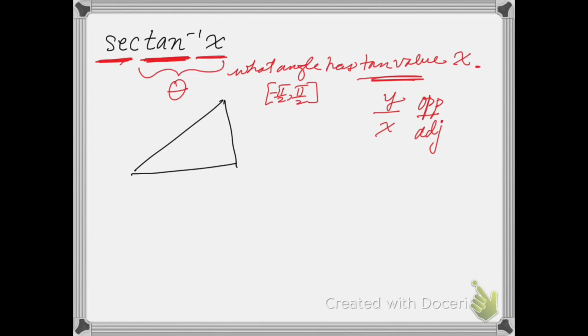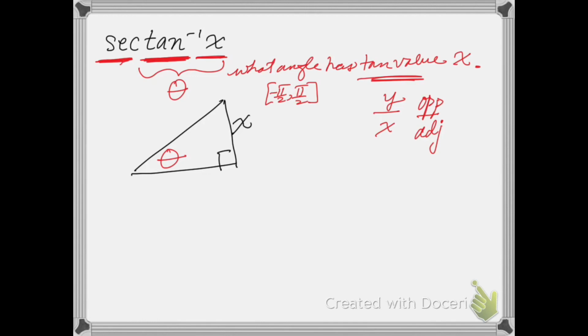So the angle is this theta that we're talking about. And if I put that theta into a right triangle, and its tangent value is x, that means its opposite over its hypotenuse is x. Well, what would the hypotenuse need to be here for the opposite over the hypotenuse to be equal to x?